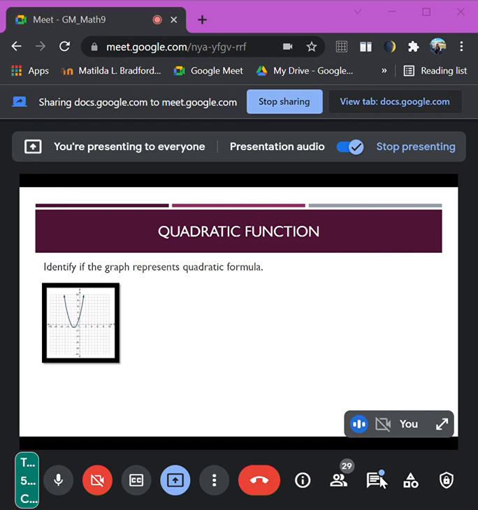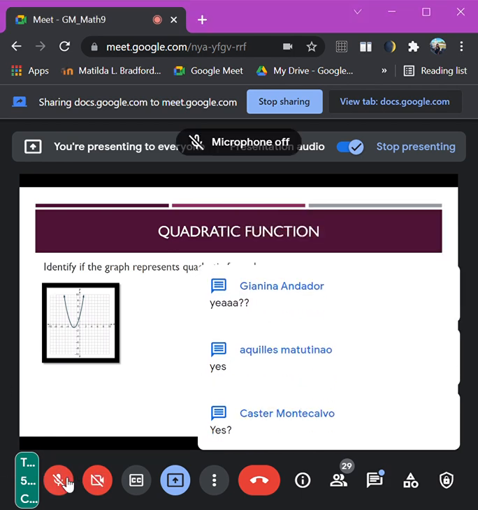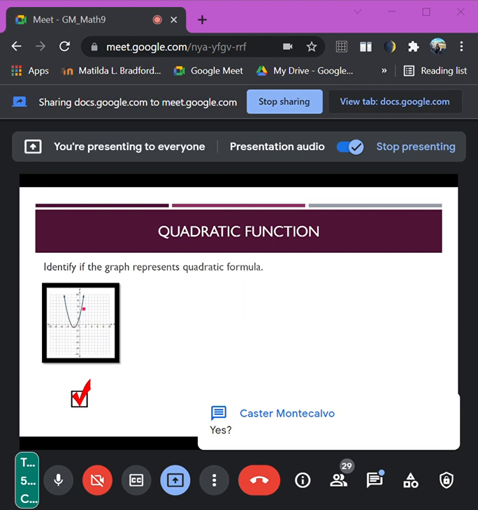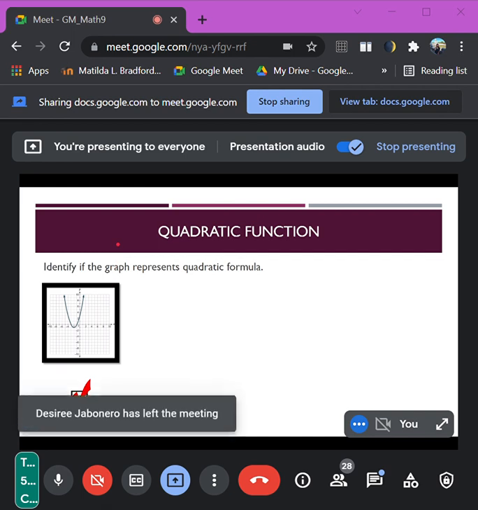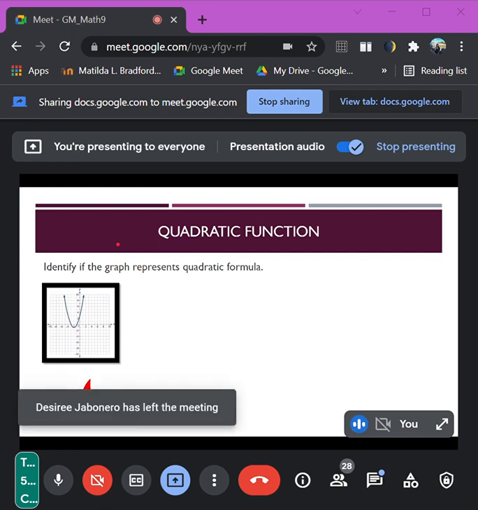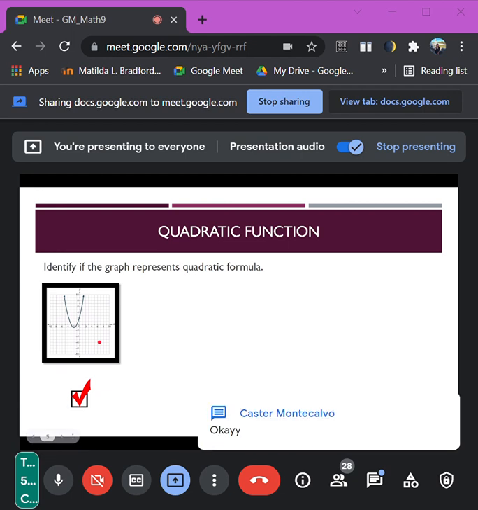So, kung gingon ganina, ang parabola kay U o inverted U. That is a yes. Di ba ingon ko, U o inverted U? Or V, sorry, not U, V. V or inverted V. Mao na siya imuhang quadratic function nga graph. Okay? Nasabtan?